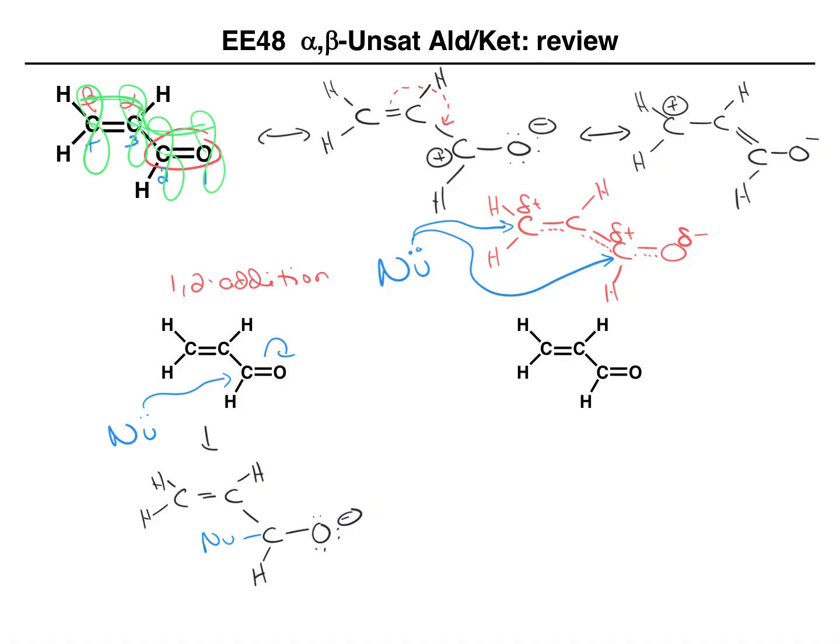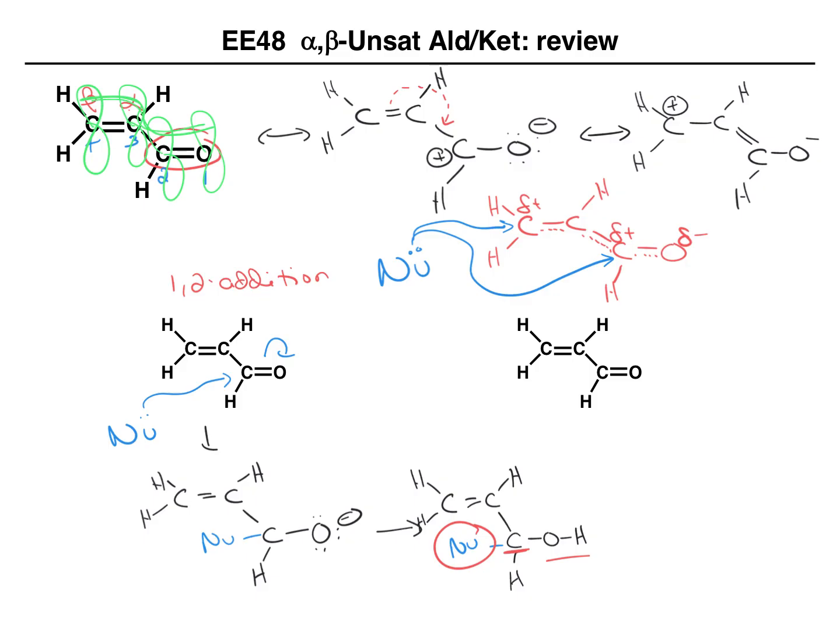The O- can grab a proton from the solvent, and we end up with this. So our 1,2 addition product, our nucleophile has added directly to the carbonyl carbon, and we end up with an alcohol. And notice our alkene is unchanged.